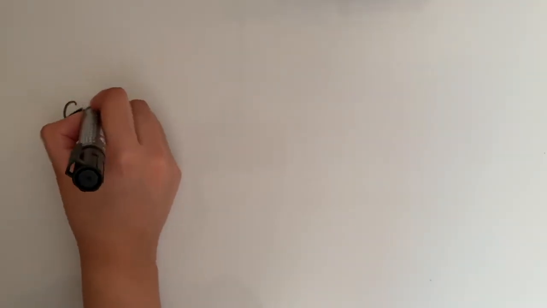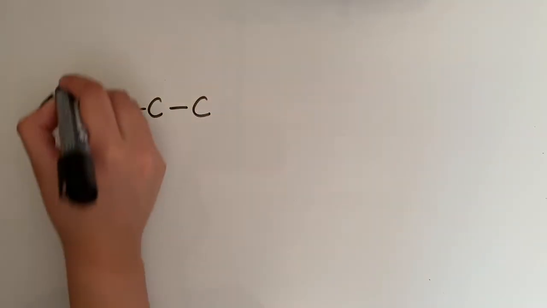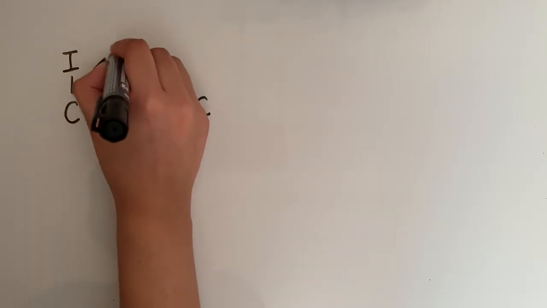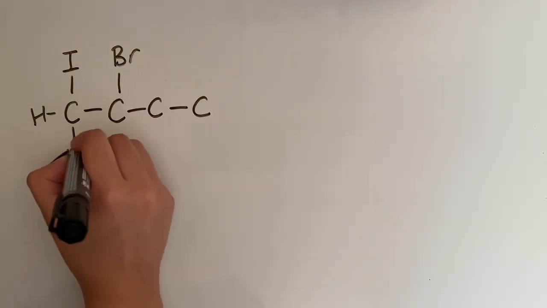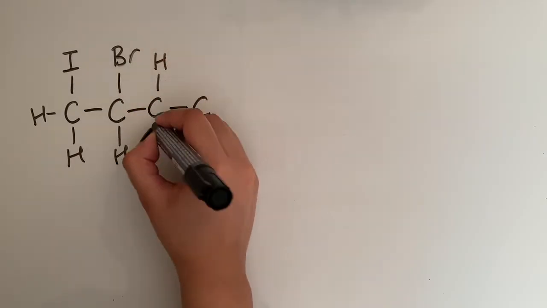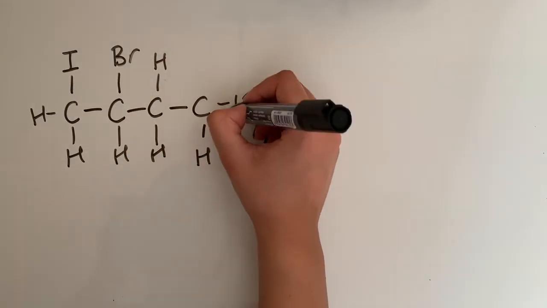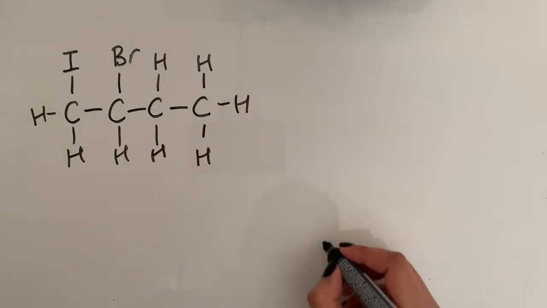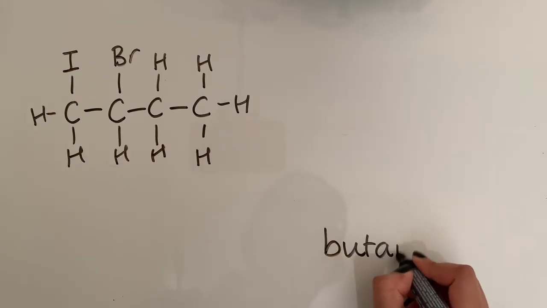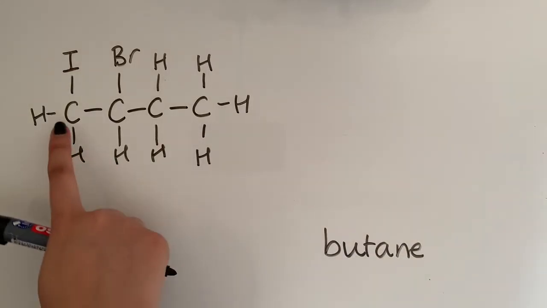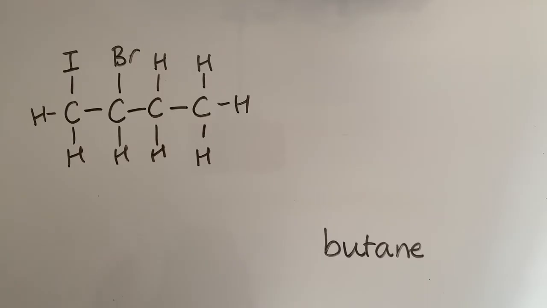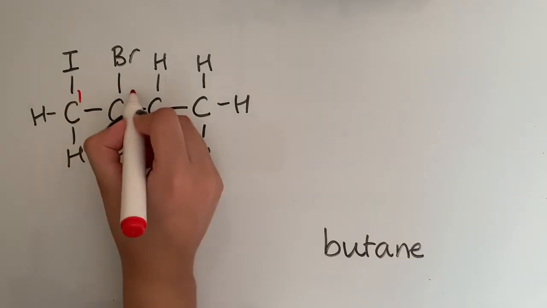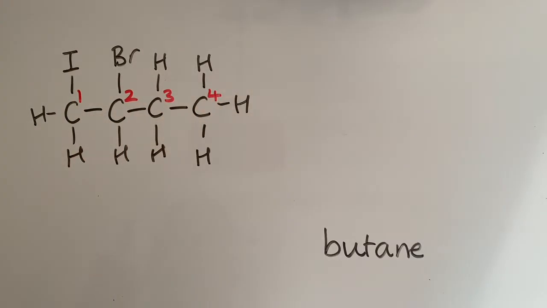Okay, let's now have a look if we have more than one halogen in the chain. In this one, our longest carbon chain is 4, so this is going to end in butane. We're going to start numbering from here because we want both of these halogens to be on the smallest number carbon. Like so.